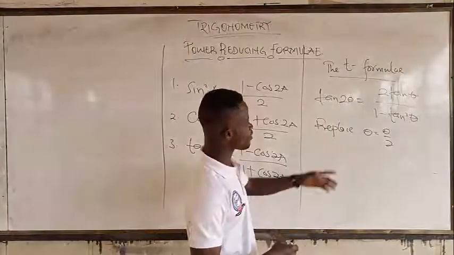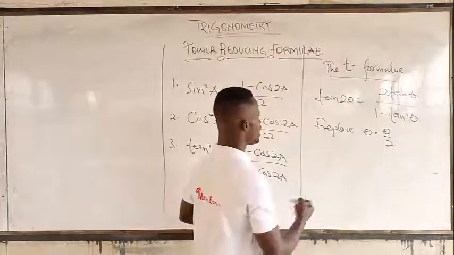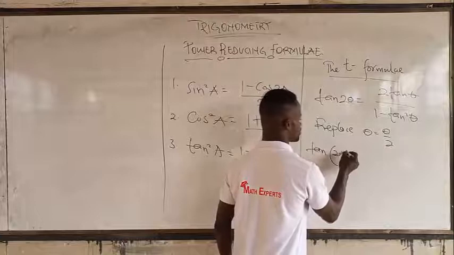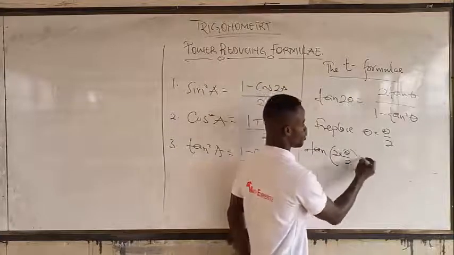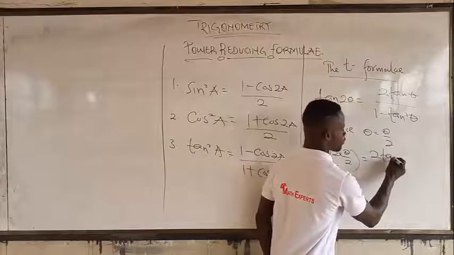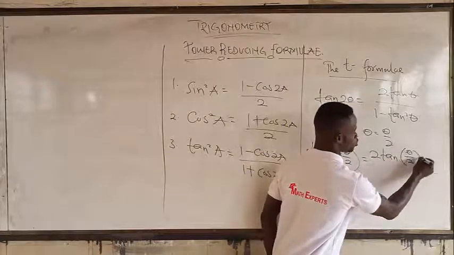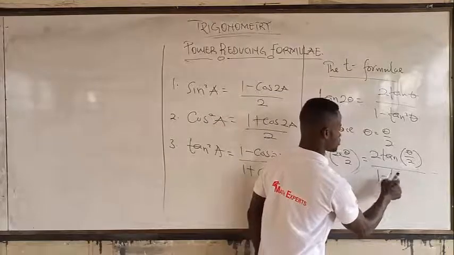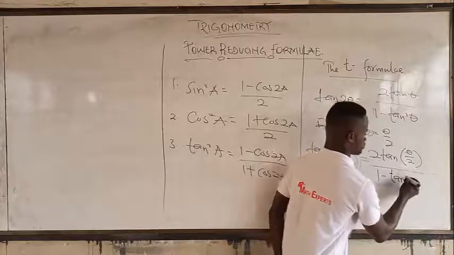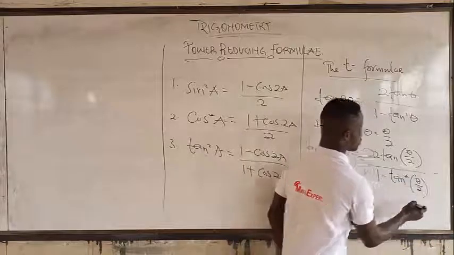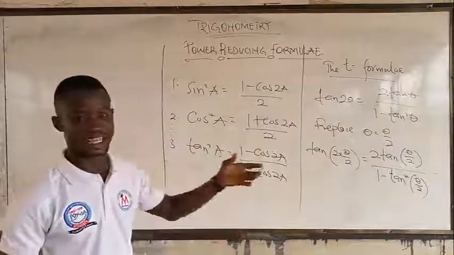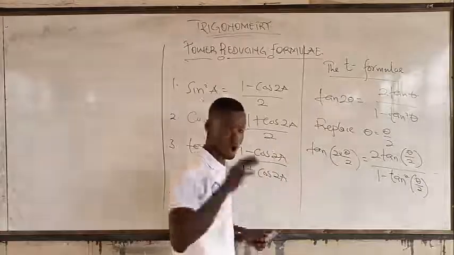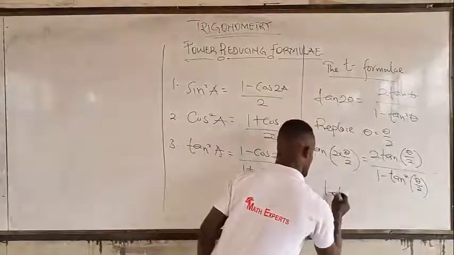Whenever you see theta, put theta over 2 there, and that gives us tan of 2 times theta over 2, which is equal to 2 times tan theta over 2, all over 1 minus tan squared theta over 2.